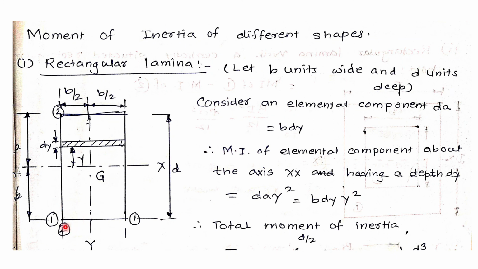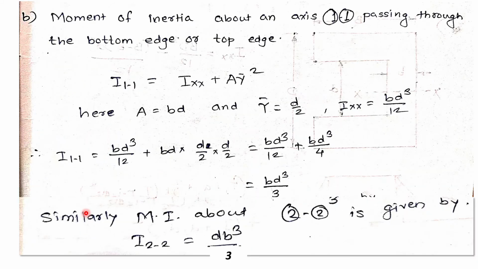You can see the diagram again. This is our axis of reference 1 1 and this is the distance. This is the centroidal axis. So the distance is d by 2. The moment of inertia about the centroidal axis we just calculated is bd cube by 12.